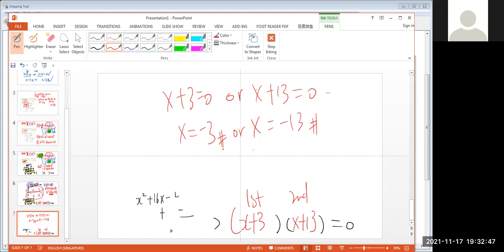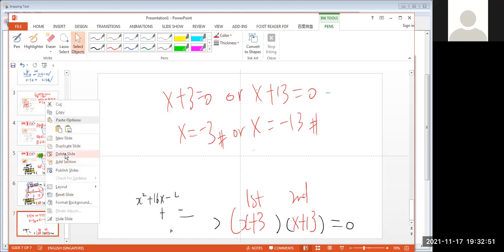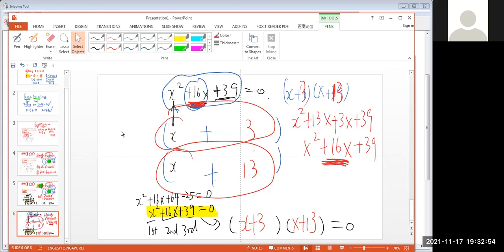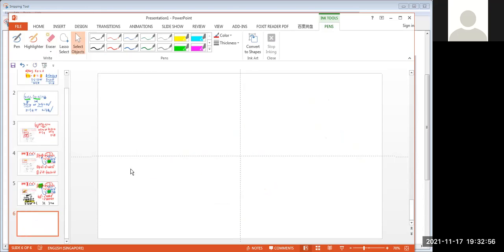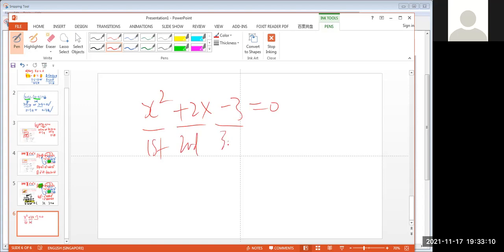Yeah. In fact, if next time you see questions like this with 3 terms, just give you a simple one first. If you get these 3 terms, first, second, third, then of course you need to remember that you need to factorize it first.